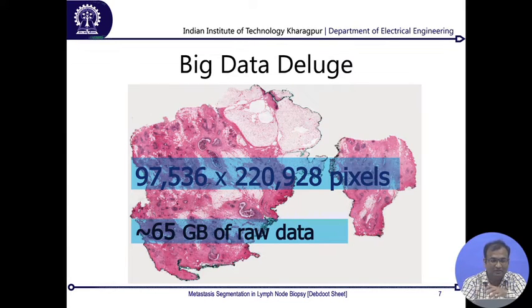Now here, if you typically consider one of these examples, one virtual slide will have something around 97,500 by 2,20,000 pixels, and that together comes to about 65 gigabytes of raw data in itself. That's not a small number, because imagine this one single slide is equal to one of your 64 GB pen drives of data.